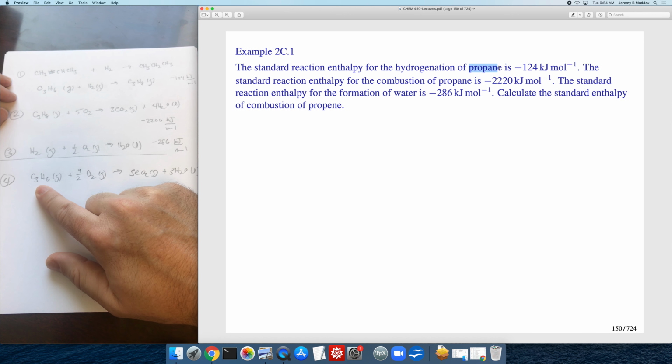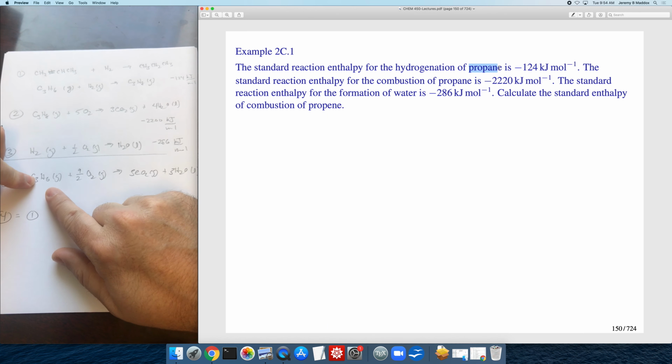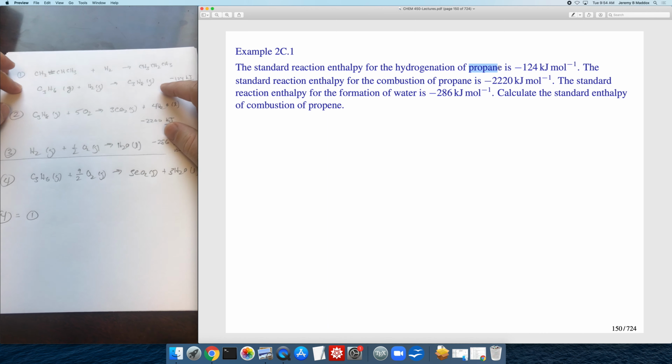So you've got propene here, 1 mole. Well, reaction 1 contains propene, 1 mole. So you definitely need to add in reaction 1. Okay. Now before you move on to adding in reaction 2, you got to note that reaction 1 is going to be adding propane to your products.